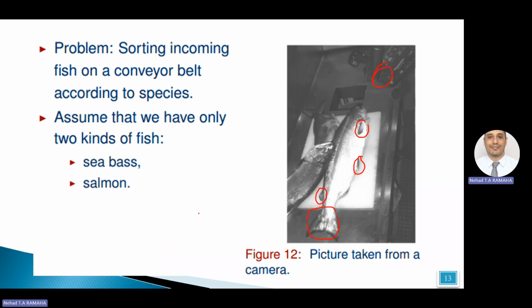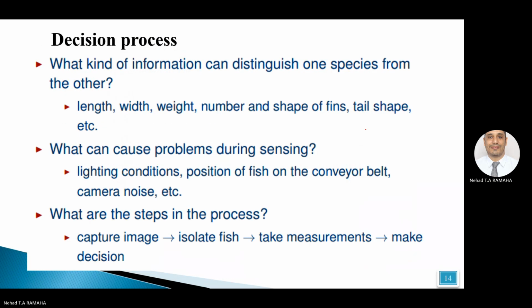So first, to take a decision, we should identify which features we will use. Like I told you, the length, the width, number and shapes of fins, tail shape, and so on.